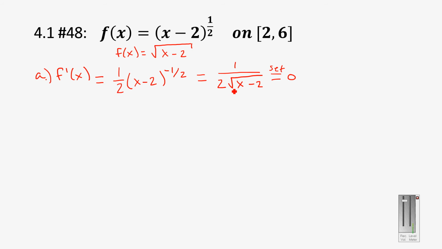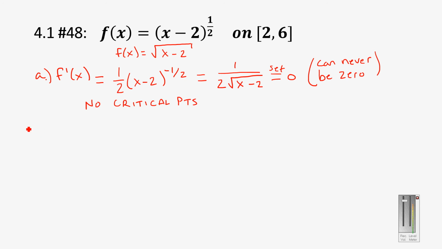I get 1 over 0. That's not allowed though. So in actuality, this particular problem, this can never be 0. So this is kind of a strange one. So it means there's no critical point per se from that standpoint. So we would say maybe no critical points.